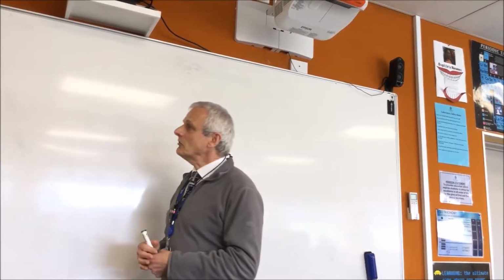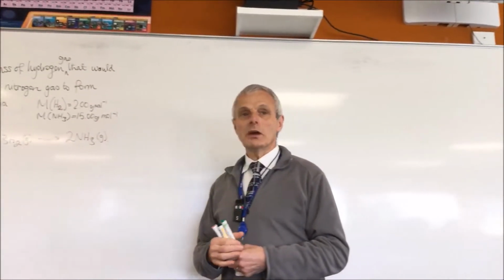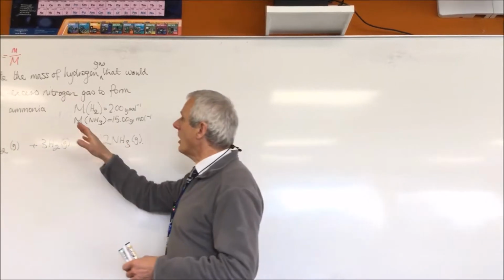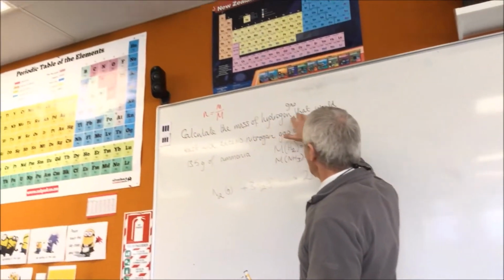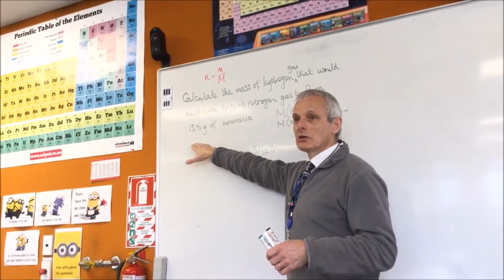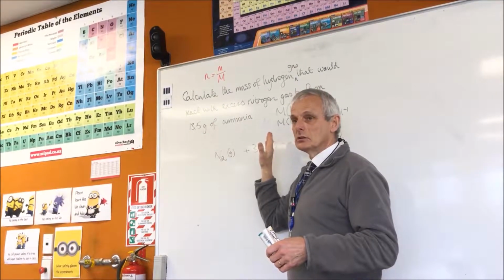So let's go through what a mass-to-mass involves. We're given the mass of one substance in a reaction, and we've got to calculate another one, an unknown.